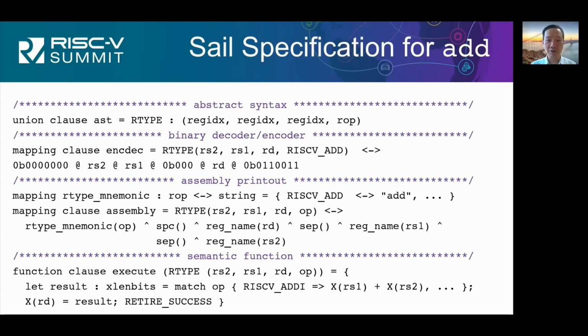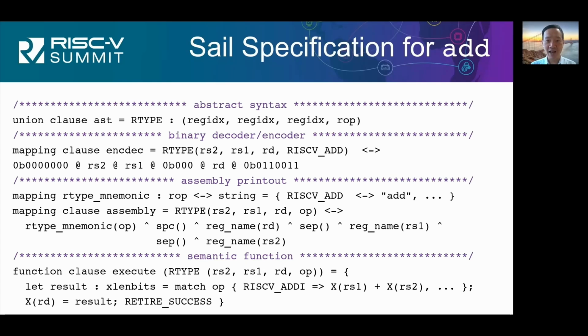And here is an example of CEL specification for an instruction. In any CEL specification, we start with abstract syntax. So here we define R type as an abstract syntax. It takes 4 arguments, 3 register indices and 1 opcode.